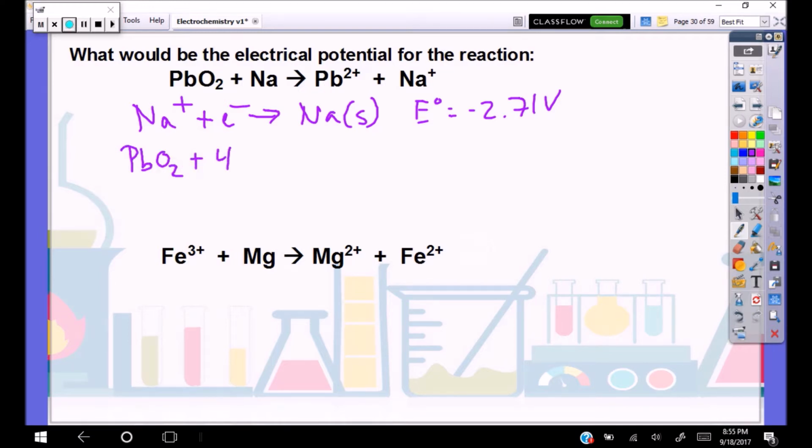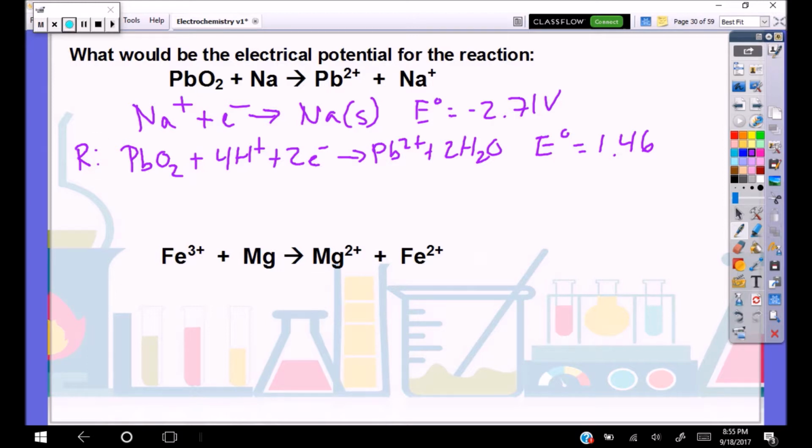My other one is lead oxide, 2 plus and 2 waters. And my cell potential is 1.46. So I know that this here is being reduced. If we look at the oxidation state, the oxidation is going down to a 2 plus.